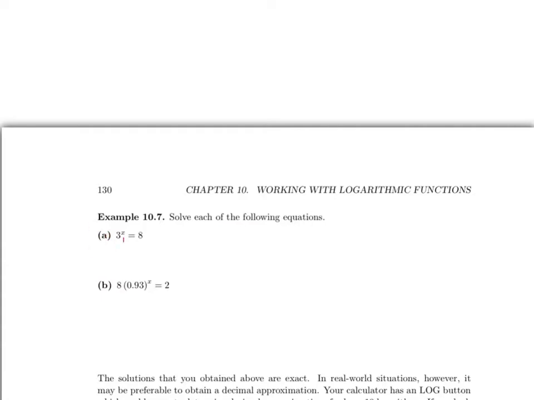Notice that x is playing the role of the input in this exponential function, and 8 is playing the role of the output. If I rewrite this equation using logarithms, I would say that logarithm base 3 takes the number 8 and returns x. So we've solved this equation.